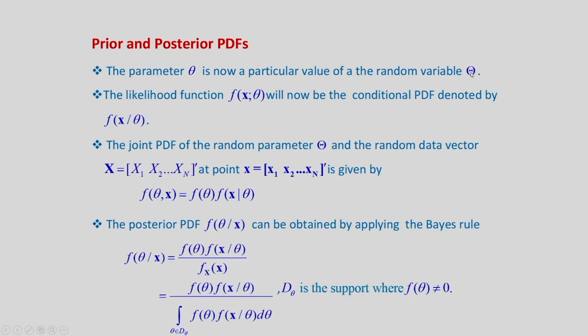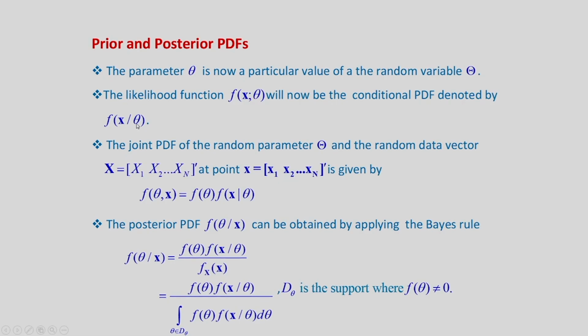So, big theta is the random variable and small theta is a particular value. The likelihood function f x theta will now be the conditional PDF denoted by f of x given theta. Earlier we used the likelihood function as a function of theta, but now it will be a conditional PDF.